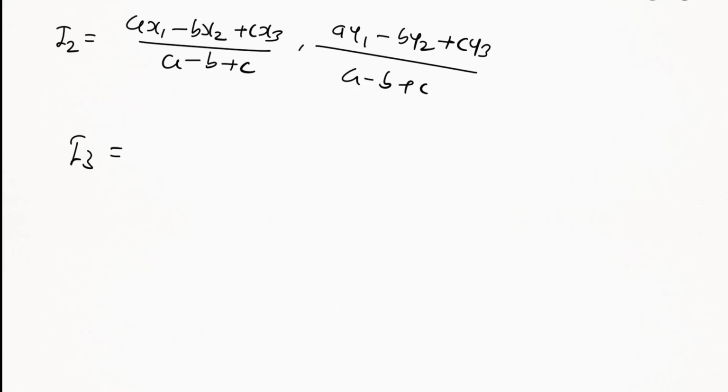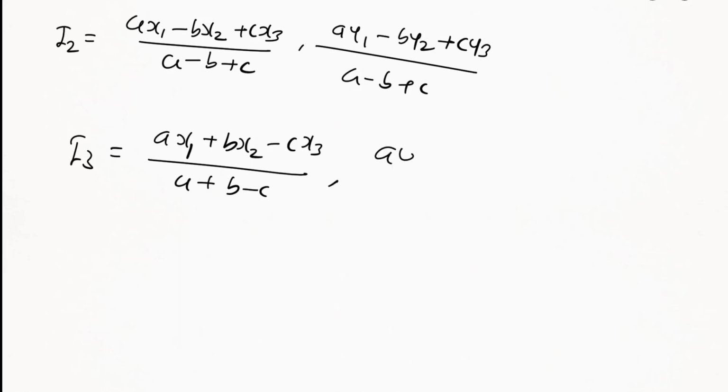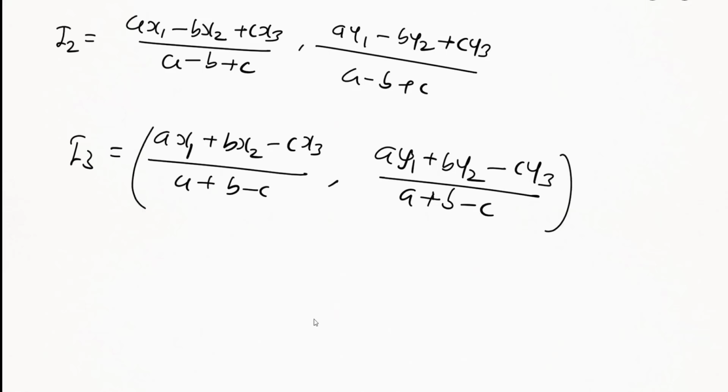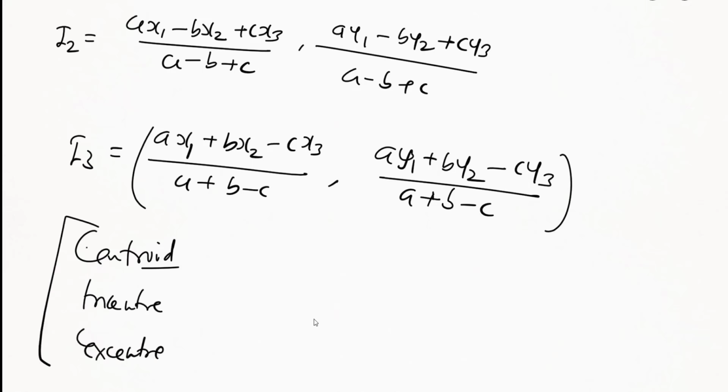I3 will be a negative sign on c, a plus b minus c, and ay1 plus by2 minus cy3 over a plus b minus c. Now we know centroid, incentre and excentre. Let's attempt a few questions.